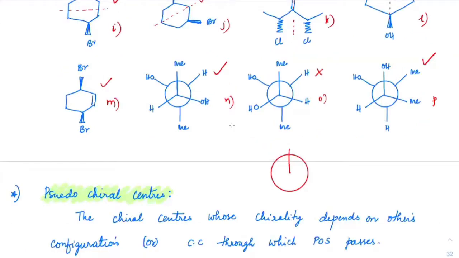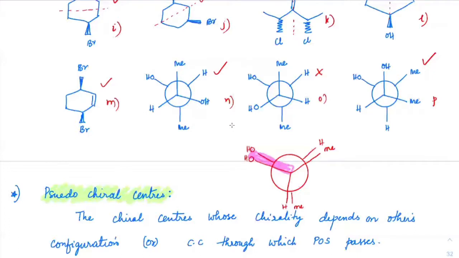On the back carbon, the front you are rotating like this, right? You have OH, OH, methyl, H, and methyl, methyl, and H. What you're saying is, why can't I take this plane where OH and OH are present?